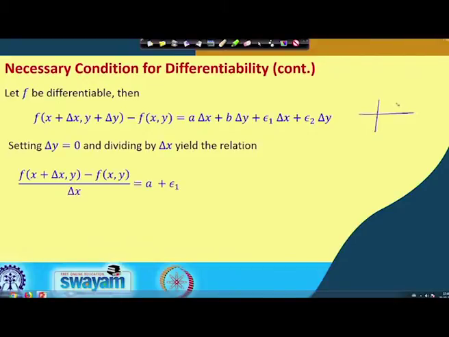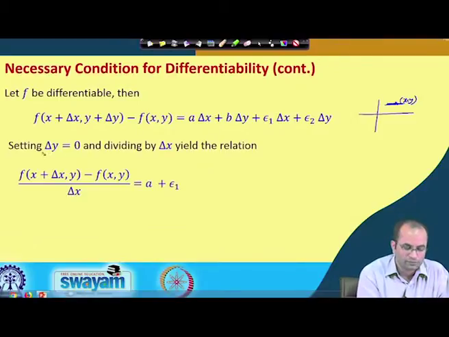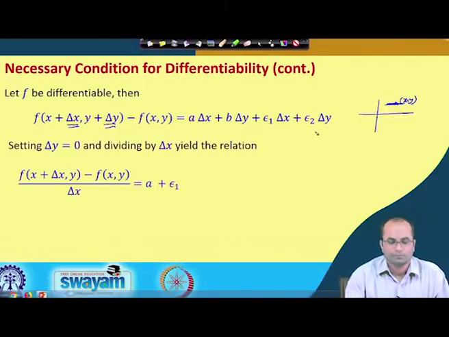So, if we are talking about a point x, y, we have set just delta y to 0, so we are in the neighborhood along the x axis by having delta x not equal to 0 at this moment. We can take any delta x and any delta y, and this relation must hold.